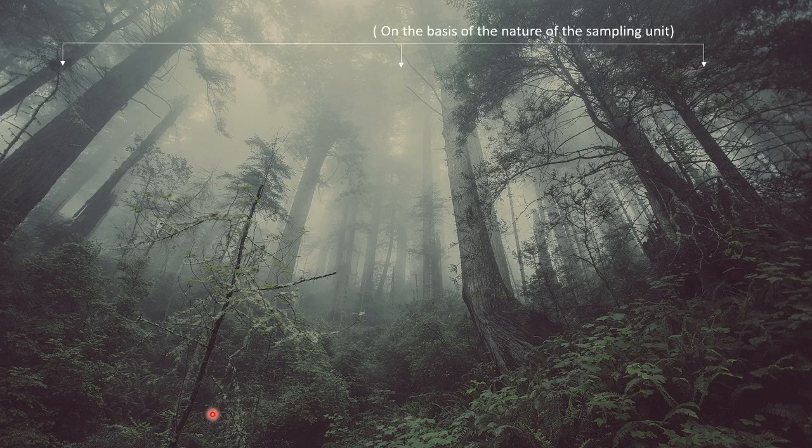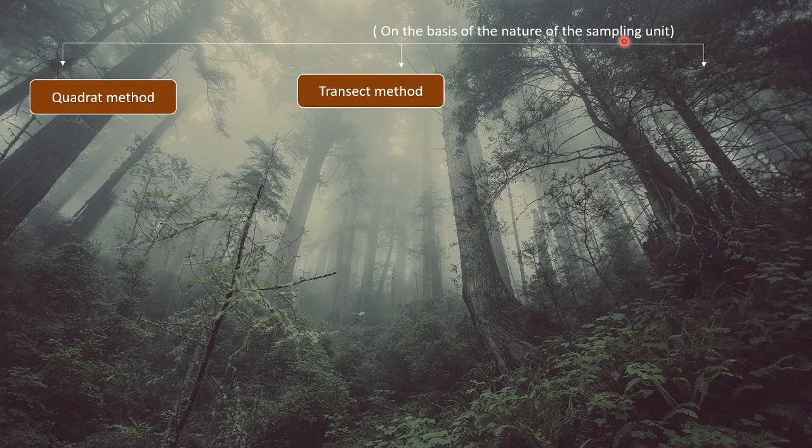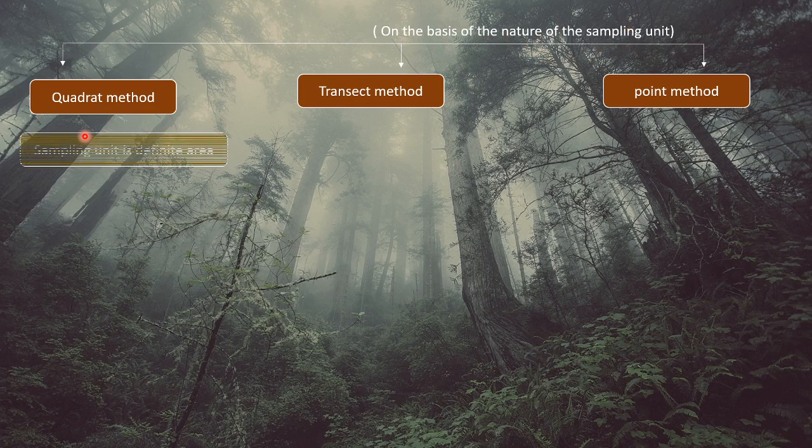So now, as I told, on the basis of the nature of the sampling unit, there are three types of phytosociological methods that are used. These are Quadrat method, Transect method and point method. On the basis of the sampling unit, this bifurcation has been done. So in Quadrat method, the sampling unit is definite area.